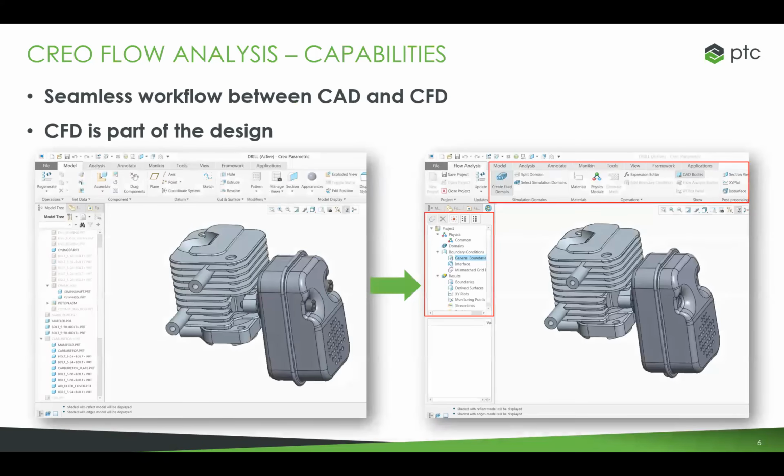One of the main ways that this saves time and is easy to use is the seamless workflow between CAD and CFD. So CFD can really be part of the design because it's so easy to go back and forth between modeling and analysis. The Creo Flow analysis just opens in another tab in your modeling environment, just like you would open a different application in Creo.